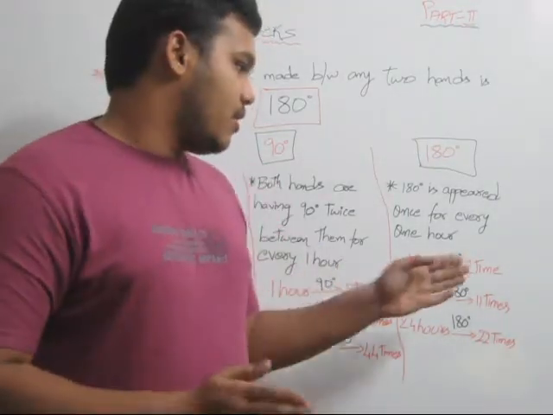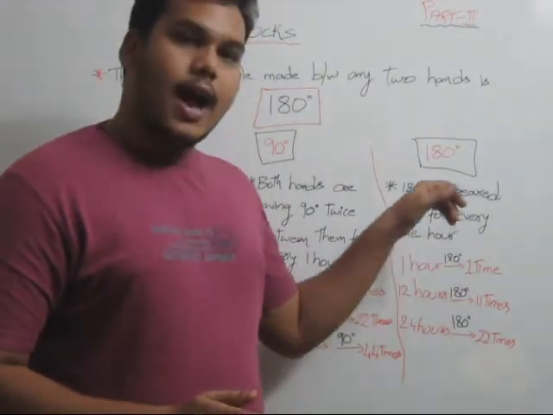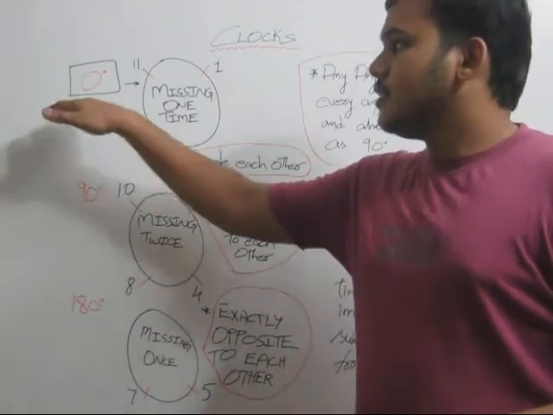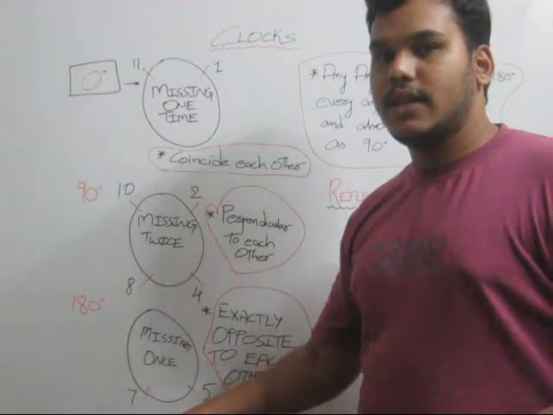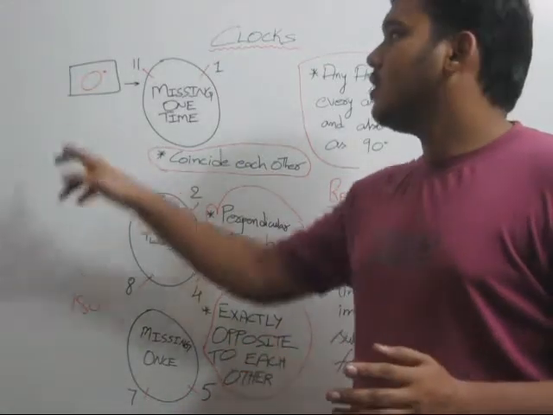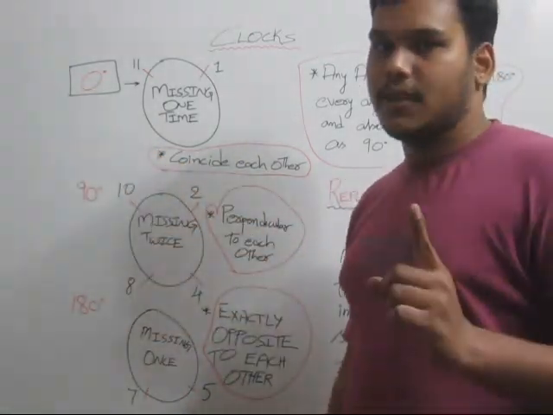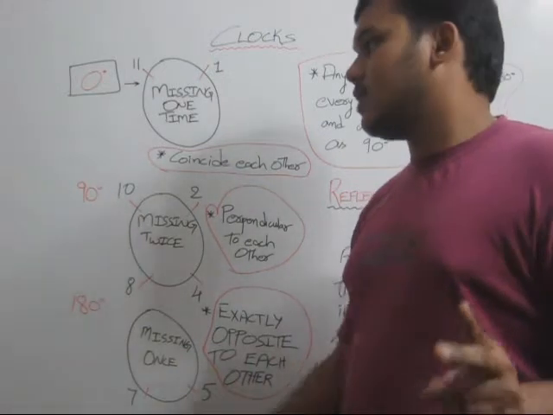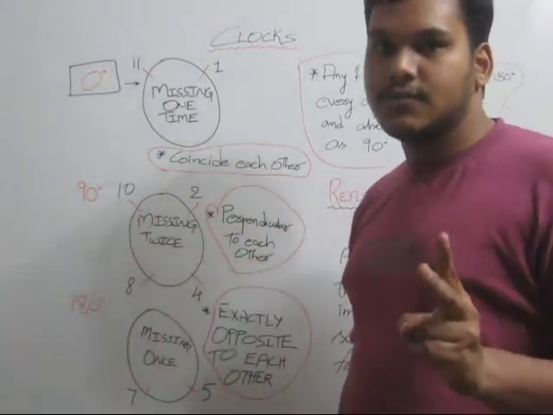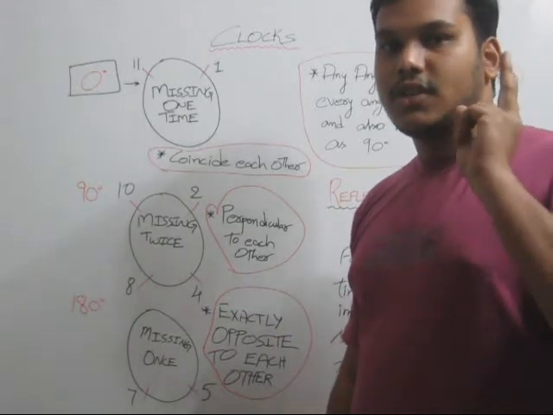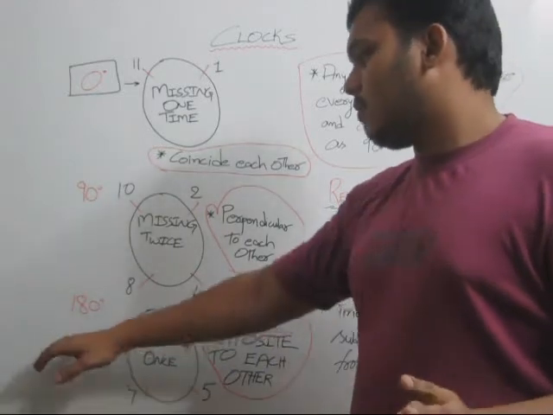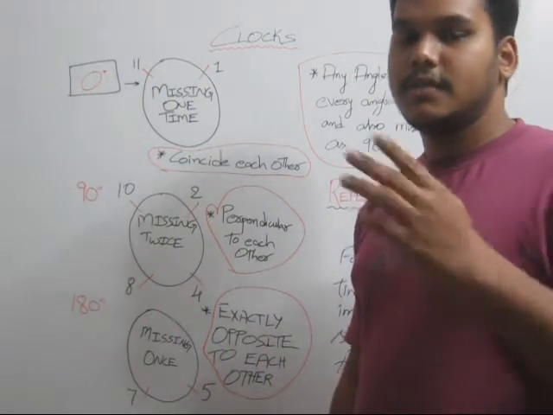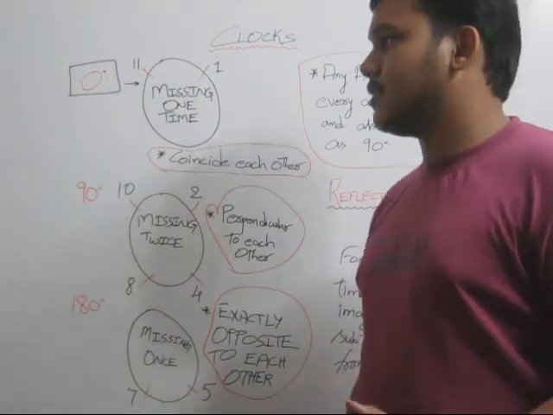Now, as we have seen the important points regarding 0, 90 and 180 degrees: 0 degrees appears once for every 1 hour and is missing once for every 12 hours, while 90 degrees appears twice for every 1 hour and is missing twice for every 12 hours, and 180 degrees appears once for every hour and is missing once for every 12 hours.